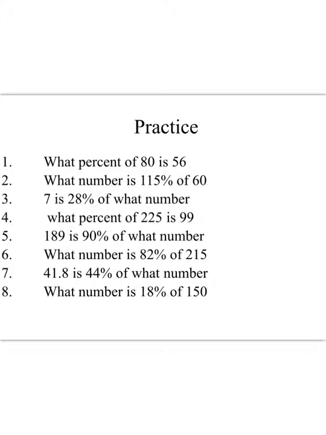So for the first one, you should have gotten 70%. Number 2 is 69. Three is 25. Number 4 is 44. Number 5 is 210.